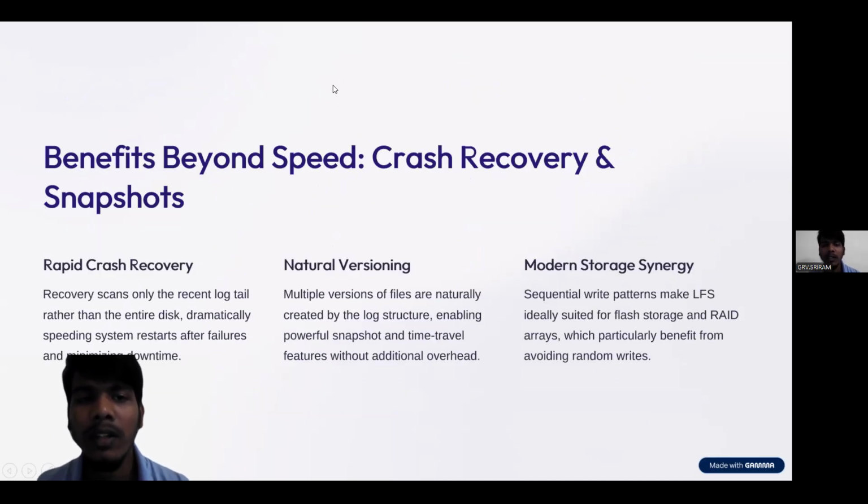And when we talk about the benefits beyond speed, it's all about crash recovery and snapshots. Here we discuss rapid crash recovery, natural versioning, and modern storage synergy. When we talk about rapid crash recovery, it scans only the recent log tail rather than the entire disk, dramatically speeding system restarts after failures and minimizing downtime.